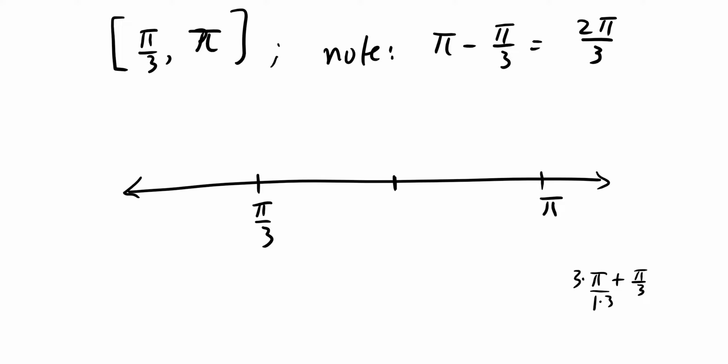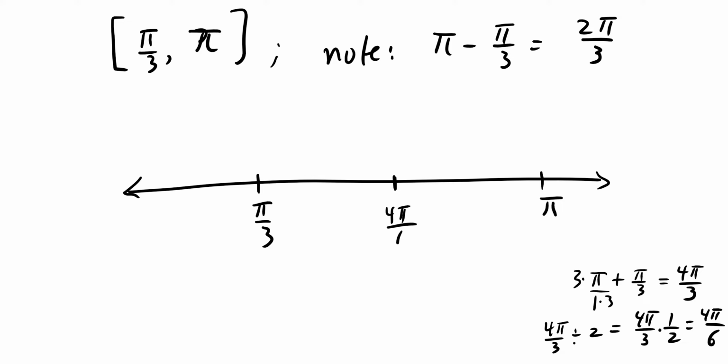Multiply by 3 to combine them, that gives me 4 pi over 3. If I divide this by 2, that becomes 4 pi over 3 times 1/2, which is 4 pi over 6. Of course, that can be reduced down to 2 pi over 3, but I'm going to keep it as 4 pi over 6, and watch why.